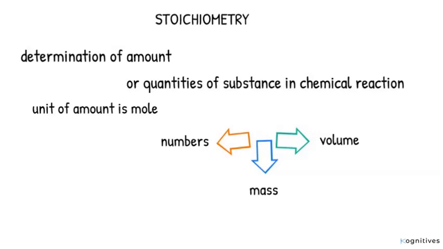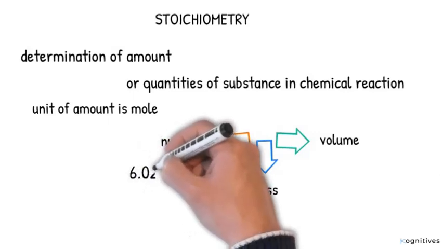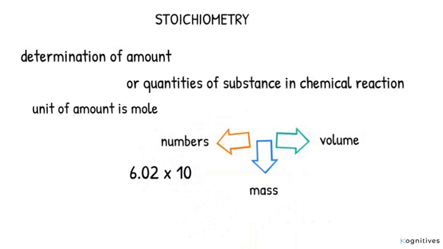As a number, 1 mole of any substance is equal to 6.02 times 10 raised to power 23 entities of that substance. It means that 1 mole of sodium atoms contains 6.02 times 10 raised to power 23 sodium atoms.